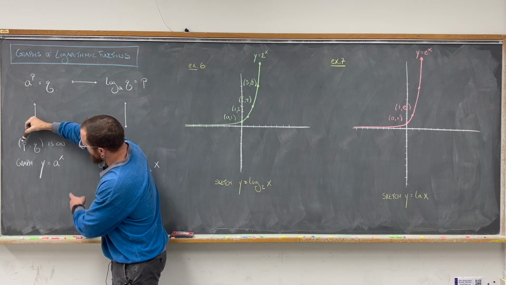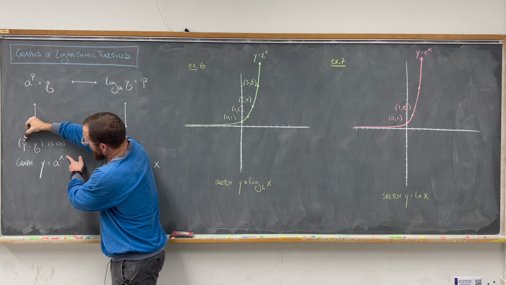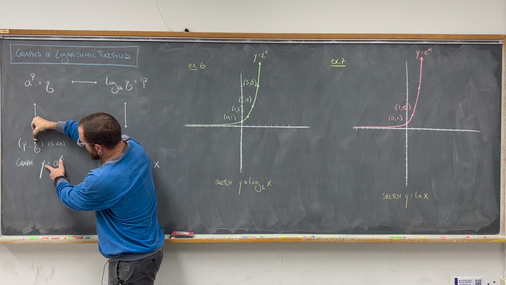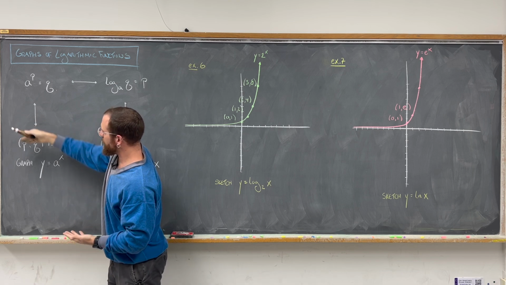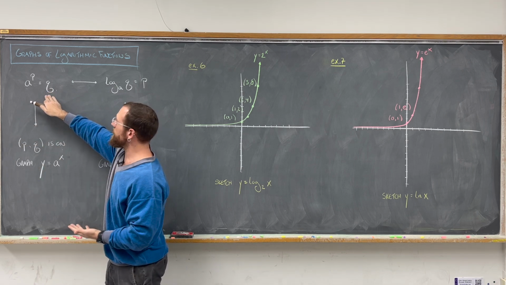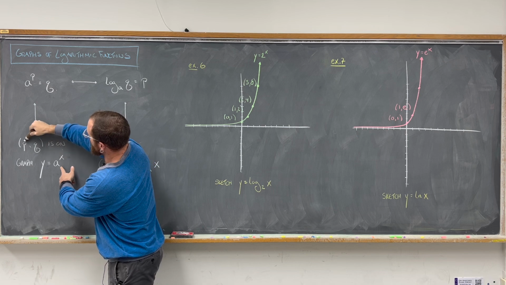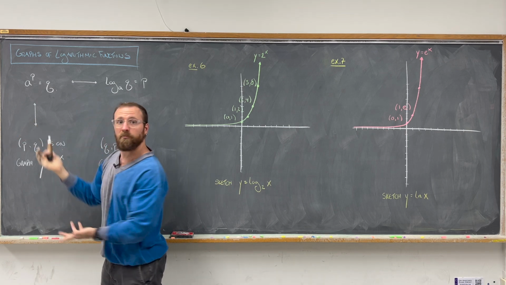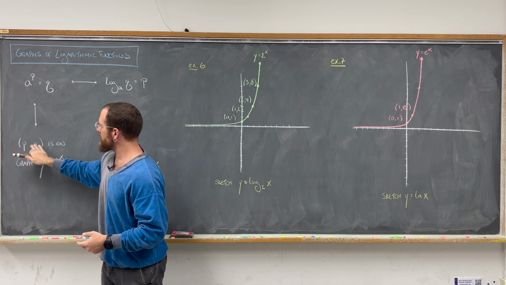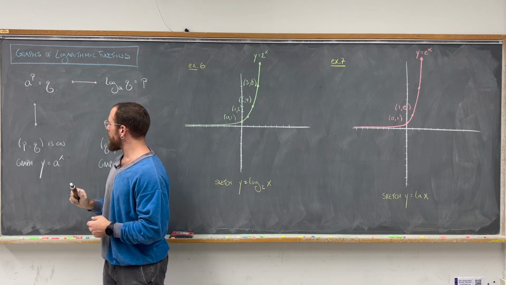If you let x equal p and you let y equal q, these values of p and q satisfy that equation. That was what we started with, right? a to the p is equal to q. So these values for x and y satisfy this equation.